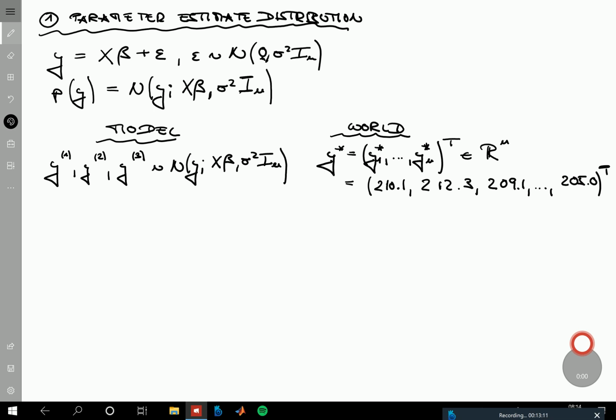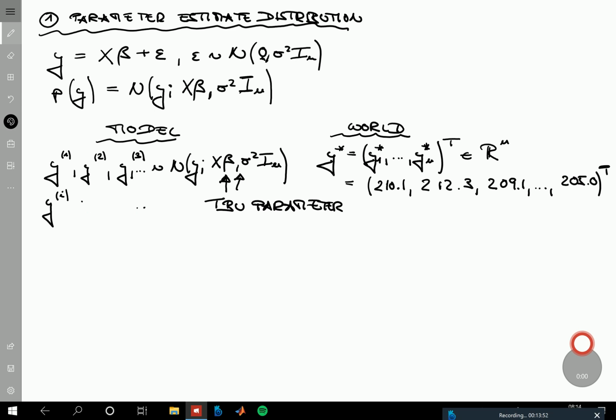This is just saying there are data vector realizations y1, y2, y3, which are distributed according to a normal distribution with true but unknown parameter beta and true but unknown parameter sigma square. And importantly, these y_i, you can do that indefinitely if you want. So these are vectors.